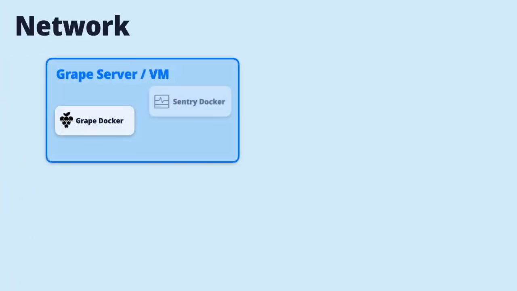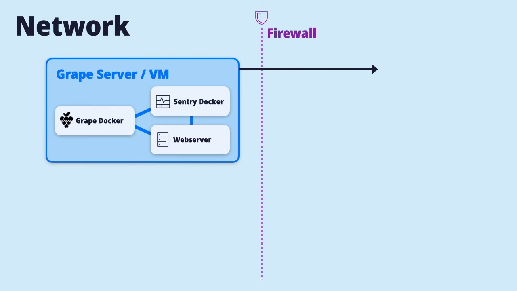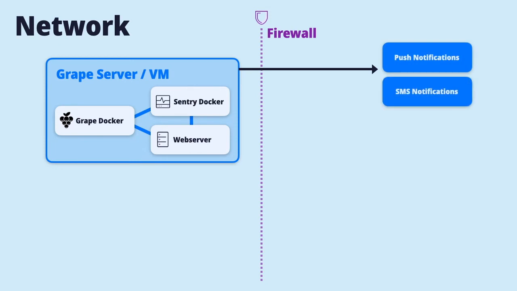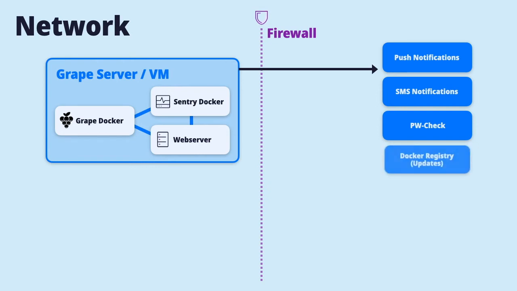So you can see our basic network architecture here. Let's start with the outgoing requests. Grape needs to make some outgoing requests for push notifications, for sending two-factor authentication SMS, for the Have I Been Pwned password check, which is especially useful for guests, and to the Grape Docker registry whenever you do an upgrade of Grape.